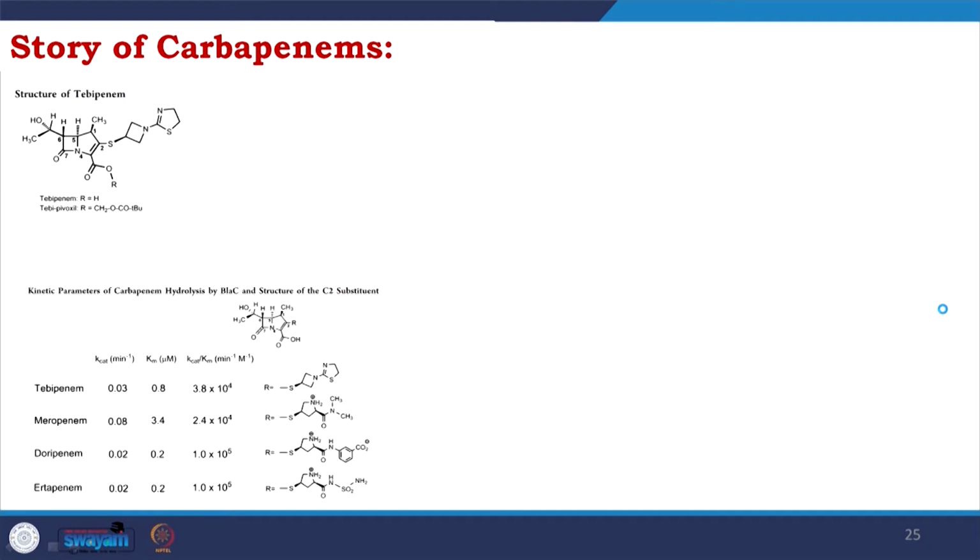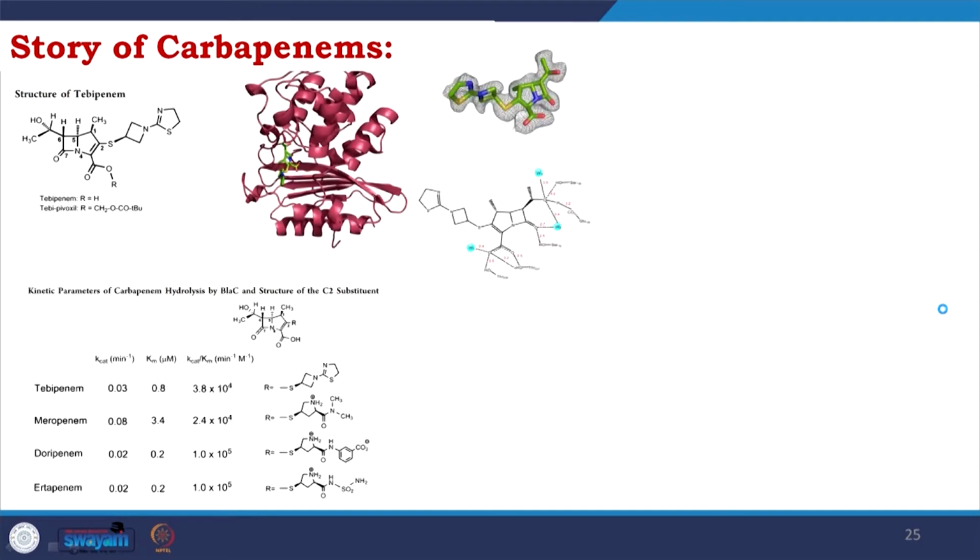There are others like biapenem, like imipenem, like panipenem, razupenem, but you see the difference in kcat, Km and also the efficiency. But when you look at the enzyme, you will see that this part is mostly out of the system and you do not get a lot of interaction with the protein. You understand what I mean?